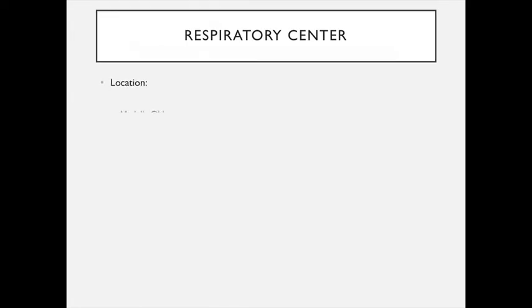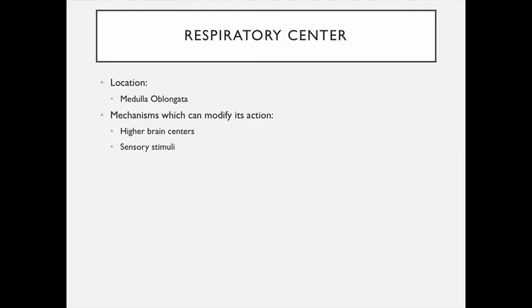So the respiratory center is located in the brain stem, to be exact, in the medulla oblongata, and there are mechanisms that can modify its action. There's a bunch of things that will affect the respiratory center, one of which is higher brain centers. The respiratory center is located in the brainstem, kind of in a relay area, right? All the ascending and descending information that either enters or exits the central nervous system has to do it via the brainstem.